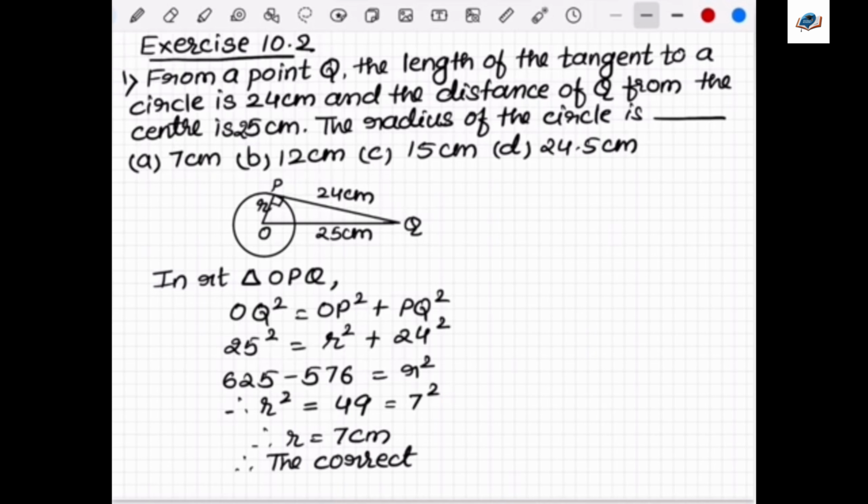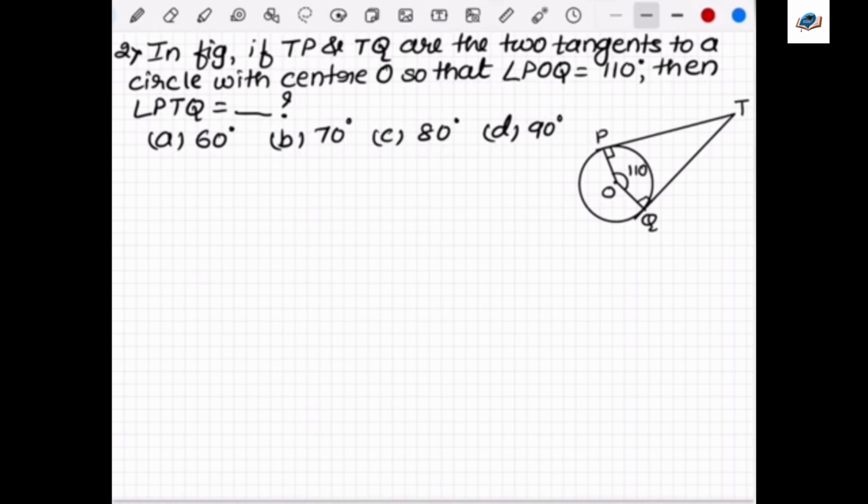Now the next question says in the figure, if TP and TQ are the two tangents to a circle with center O so that angle POQ equal to 110 degree, then angle PTQ. So here we can see that POQT is a quadrilateral, and we know that the sum of all angles of a quadrilateral is 360.